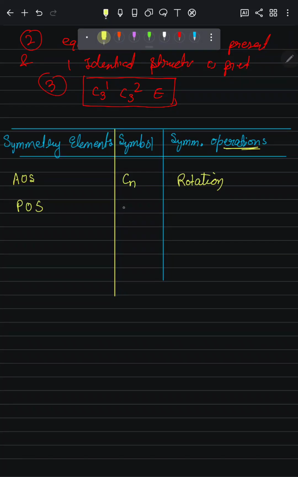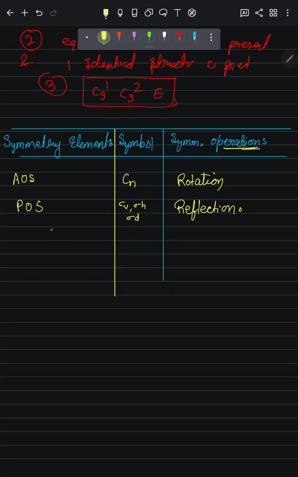Here we put different planes such as vertical plane, horizontal plane and dihedral plane, and the operation that we perform is reflection. After performing this, we see whether the reflection of the element is seen or not.